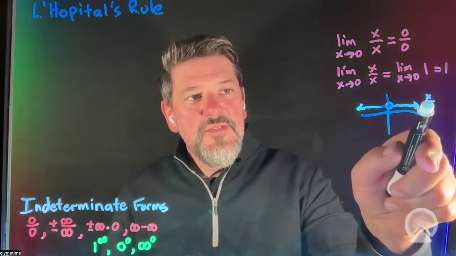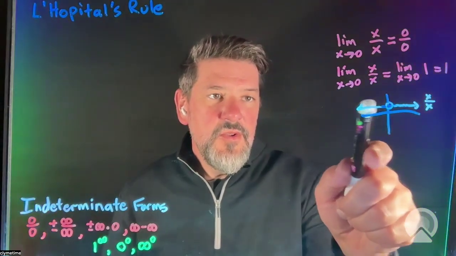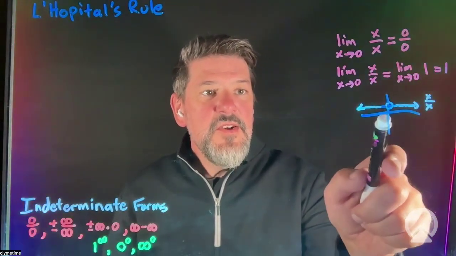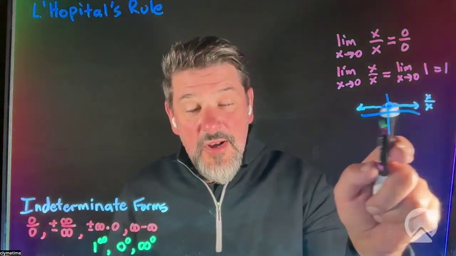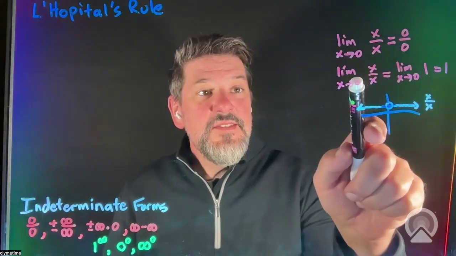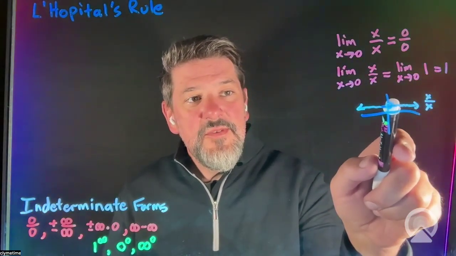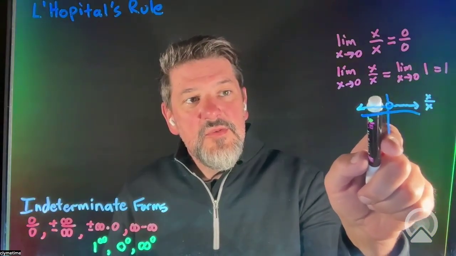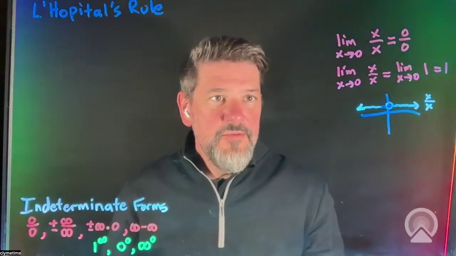If you plug in 0, you'll get a 0 in the denominator, and that's a no-no. So it's got a hole at x equals 0. So x over x is not the exact same thing as 1, at least not for all x. However, the limits are the same because as you approach 0 from the left and from the right, the y value will approach 1. So their limits are equal. And that's something we've learned how to do before.